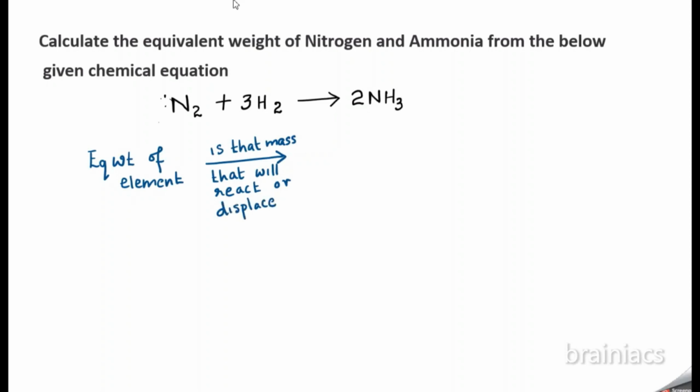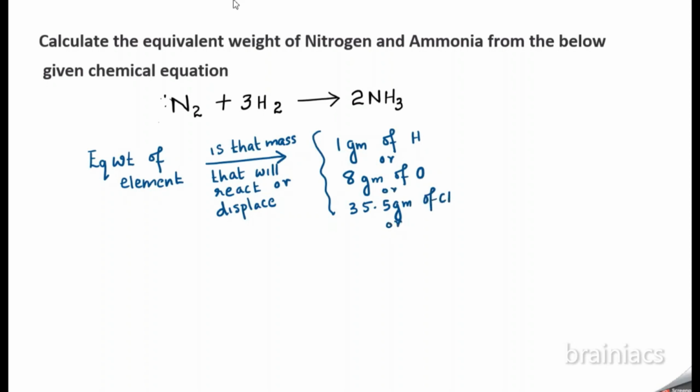That will react or displace. Many definitions are there. I can say 1 gram of hydrogen, or it can be 8 gram of oxygen, or 35.5 gram of chlorine, or we can say 108 gram of silver, or even I can say 80 gram of bromine.